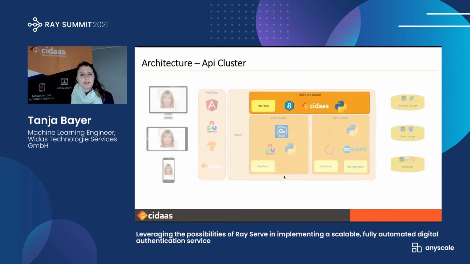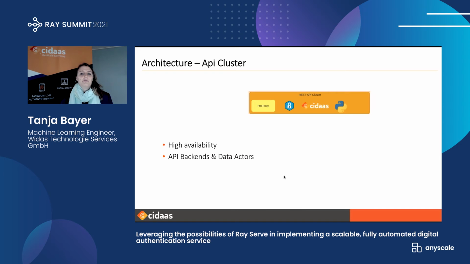The last cluster, the API cluster, has its main focus on high availability, because we always need to make sure that when a user request is incoming, it is handled instantly. So even if we have some processes being queued up for processing in our CPU cluster, the API cluster is always able to instantly communicate back to the user.